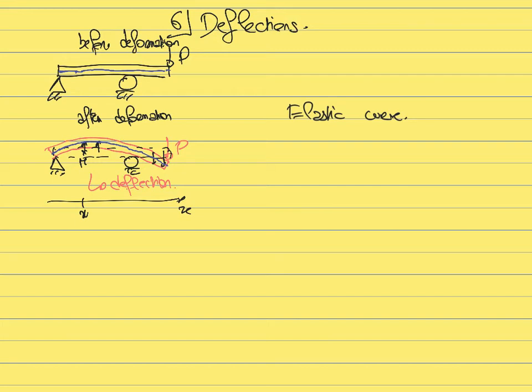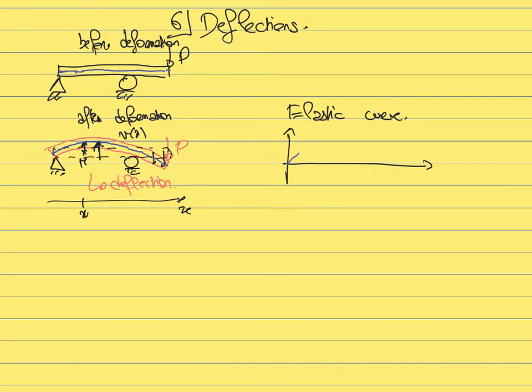And so what you can draw to characterize the extent of the deformation is the value of this elastic curve. You can define a function, v of x, that defines this elastic curve, where v of x corresponds to the lateral displacement of the elastic curve before and after deformation. I can draw the elastic curve like this.